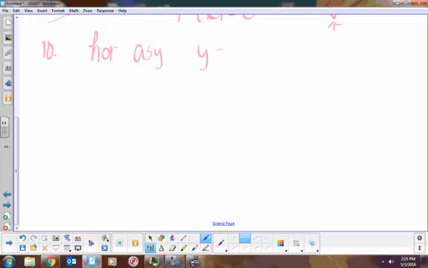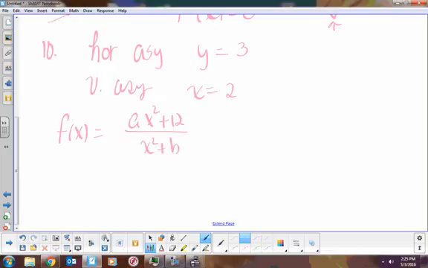At y equals 3. Where's the vertical asymptote occurring? At x equals 2. So the function is given by f of x equals (ax squared plus 12) over (x squared plus b). The figure above shows a portion. Which of the following could be the values of a and b?